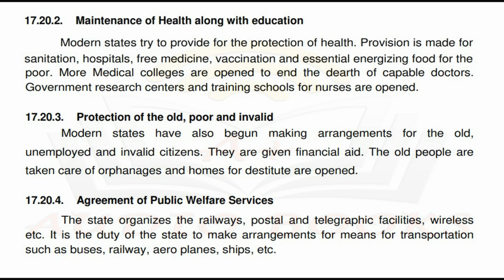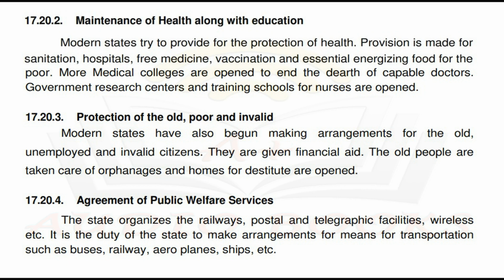Provision is made for sanitation, hospitals, free medicine, vaccination, and essential energizing food for the poor. More medical colleges are opened to end the dearth of capable doctors. Government research centers and training schools for nurses are opened.